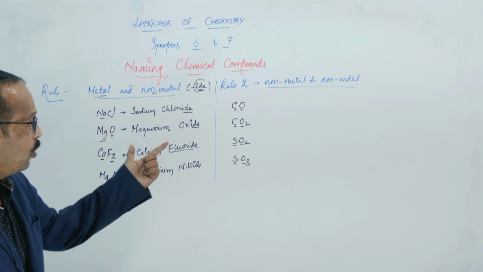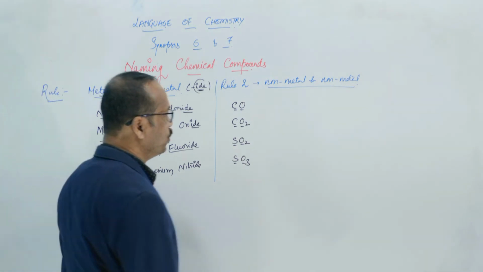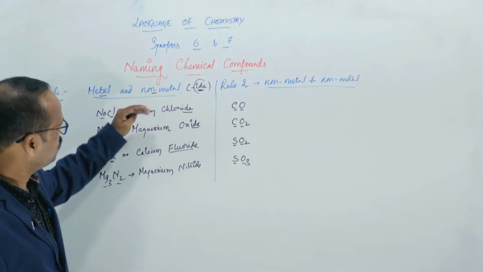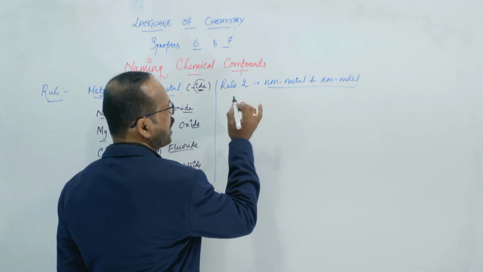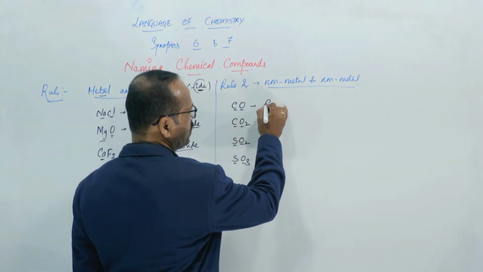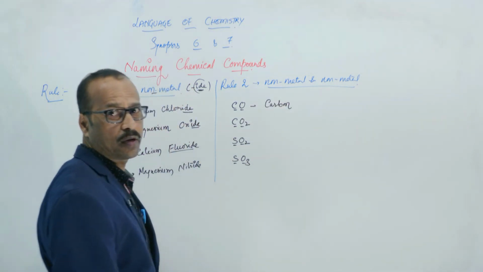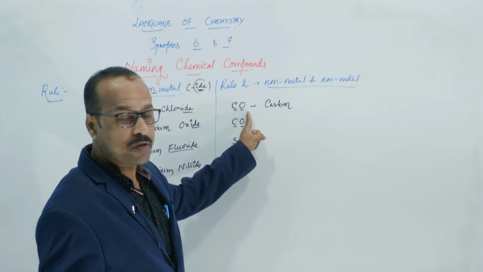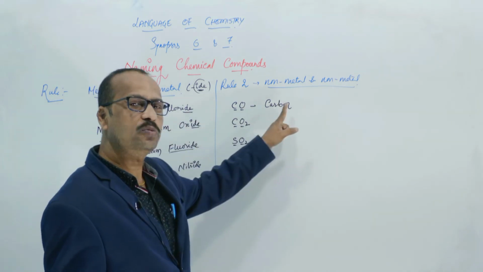Now how to give the names to these? As I told you, the first element doesn't change. The first element here is carbon, so write carbon as it is. Don't change its name. But oxygen is the second element, so we write "ide".